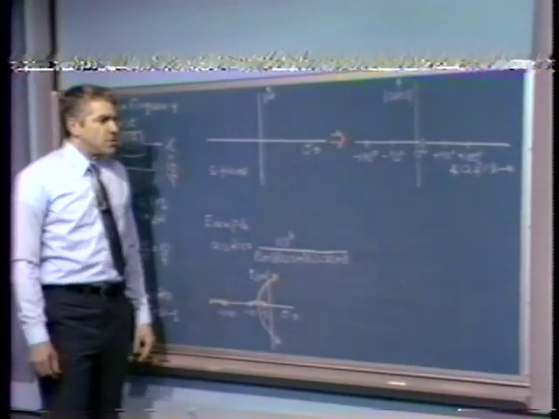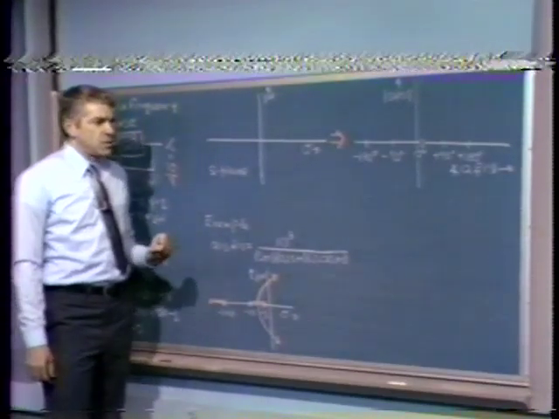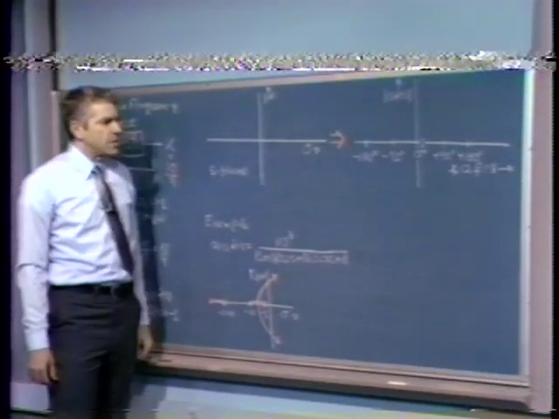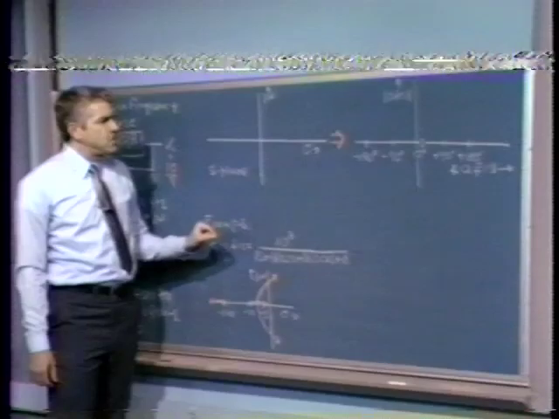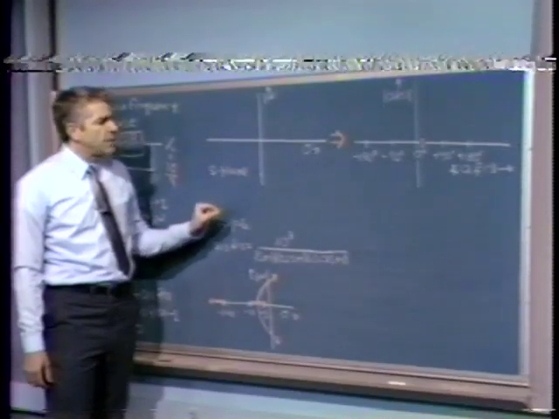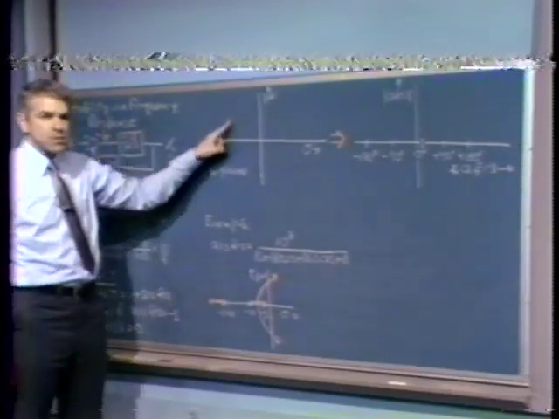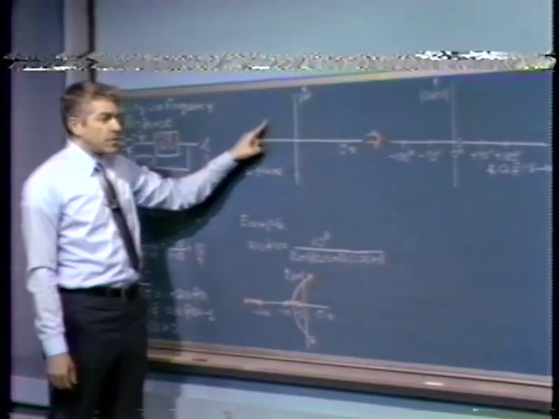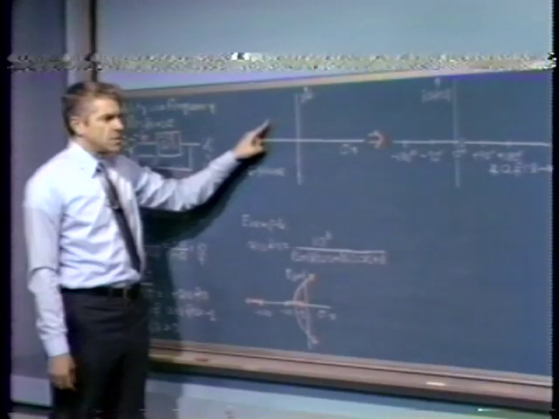Remember that AF of S is simply a function of S, and S is a complex variable in general with a real part and an imaginary part. And so when we substitute into AF some specific value of S corresponding to a point in the S-plane, we get a specific value for the AF product, again a complex number.